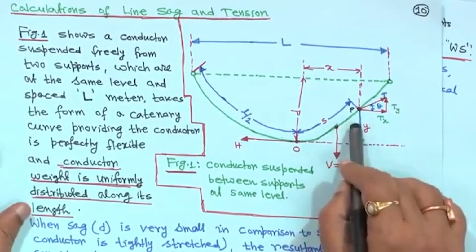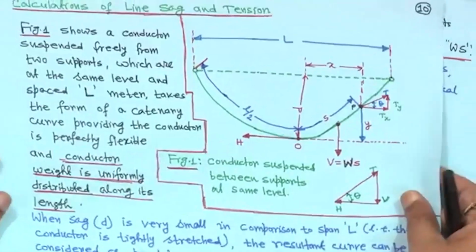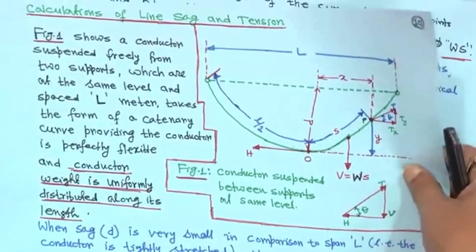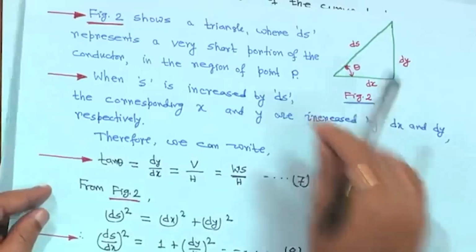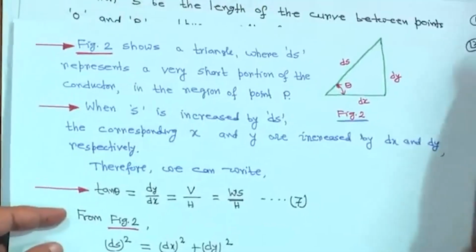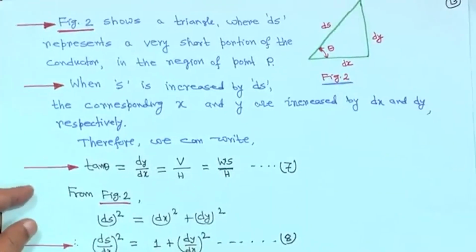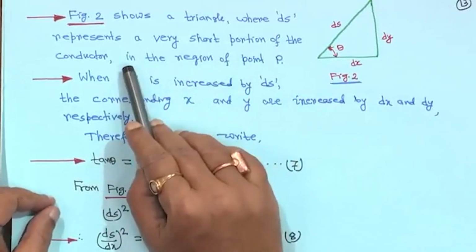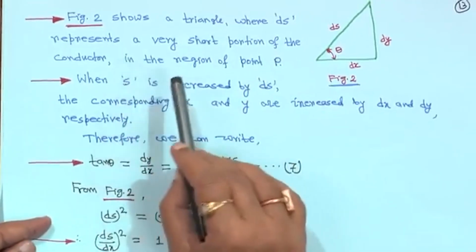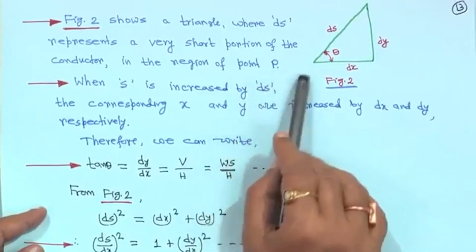If we make a triangle, then the horizontal side will be dx and the vertical side will be dy. So, this is figure 2. In figure 2, it is a triangle where ds represents a very short portion of the conductor. You take a very short portion of the conductor in the region of point P.